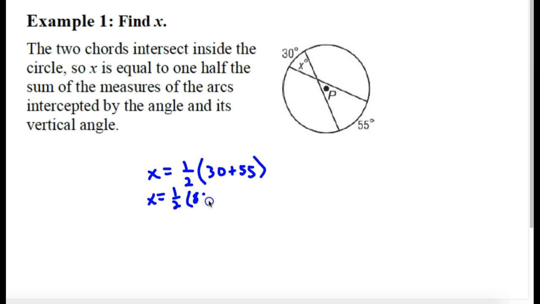So 1/2 of 85 is 42.5 degrees. So this angle here would be 42.5 degrees.